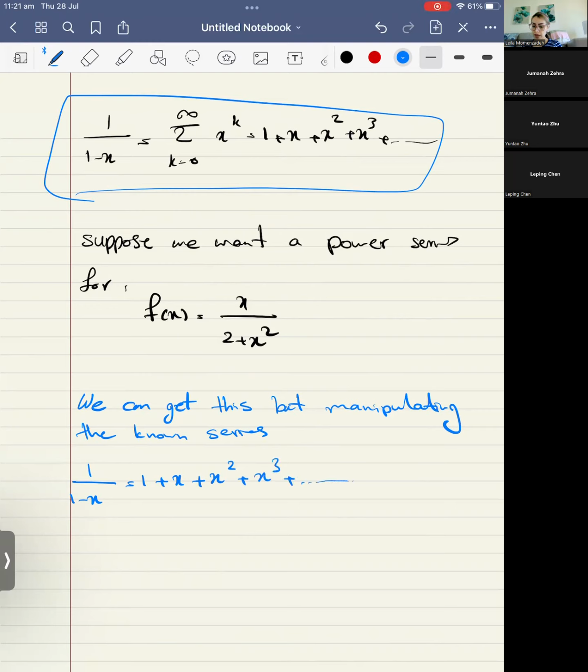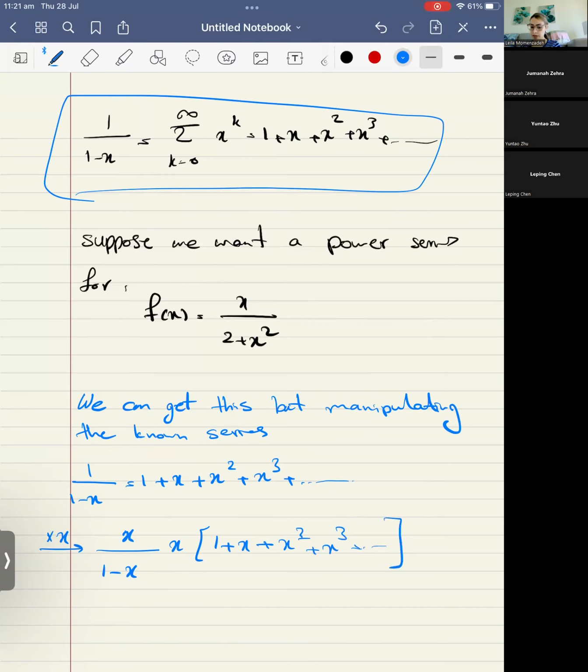Okay. Now, if I multiply by x, it would be equal to x over 1 minus x, which is x times 1 plus x plus x squared plus x cubed and so on.